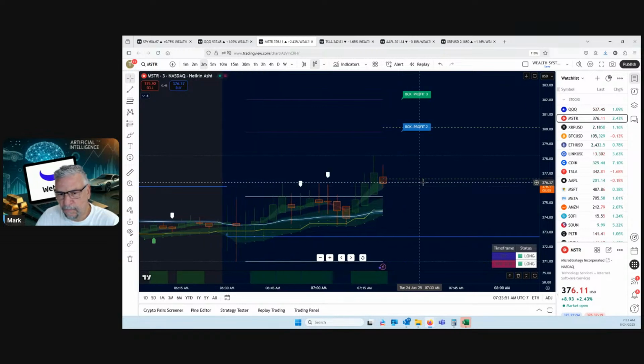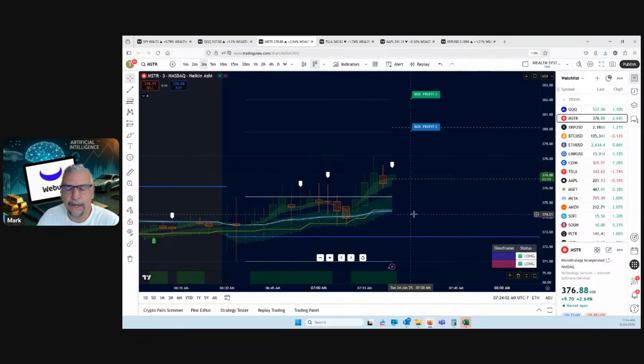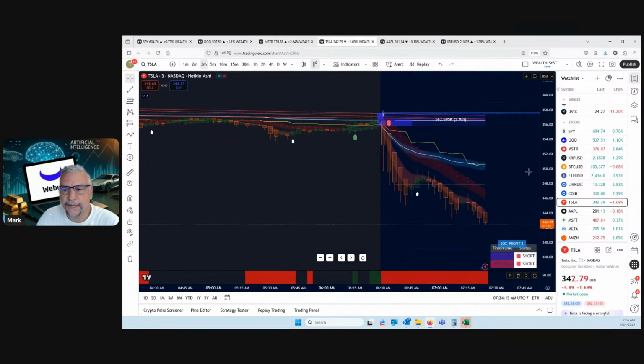So we'll see if this retests back to the opening high and then decides to move forward, or if it will come back and enter back into the opening box. Just for information, we're on the 3-minute charts right now, and let's look at Tesla.